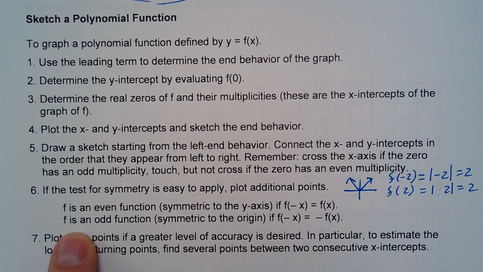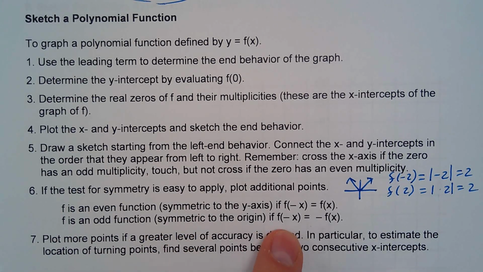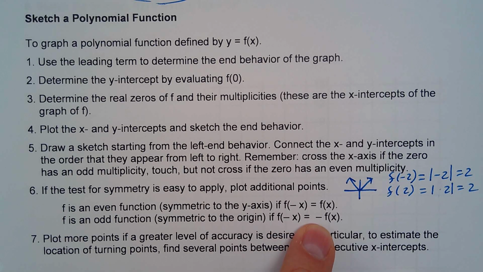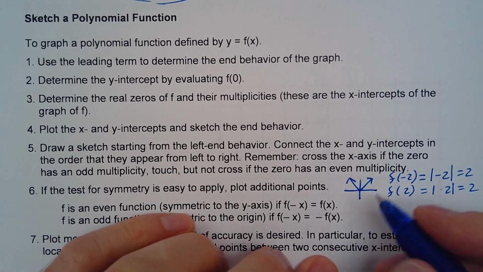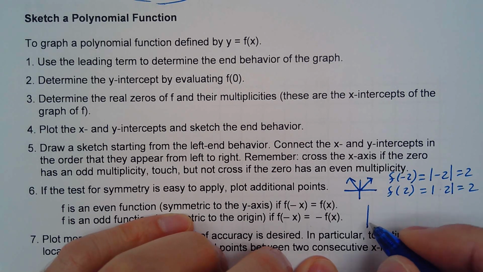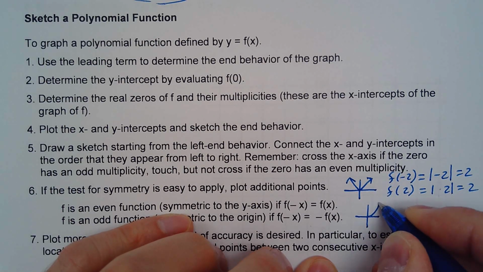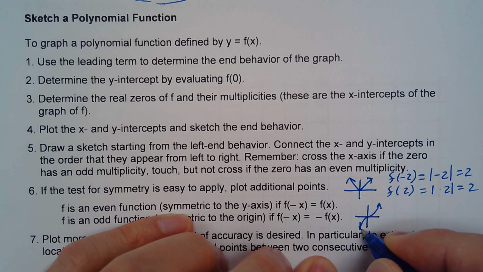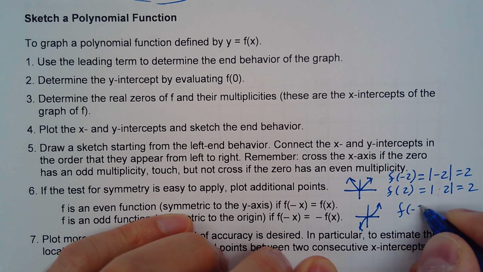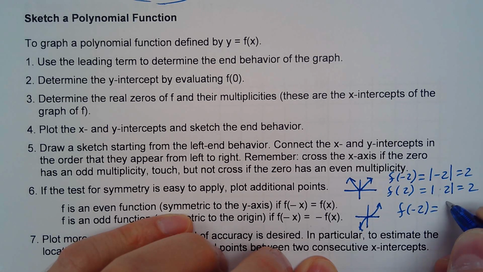And then f is odd, symmetric to the origin, if f of negative x equals negative f of x. An example of that would be my cube function. F of negative 2 equals negative 2 cubed, which is negative 8.